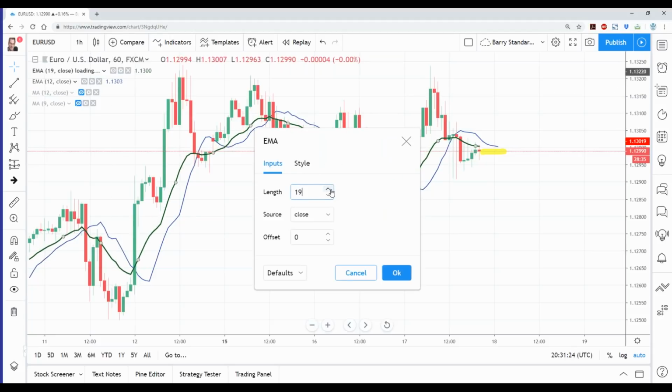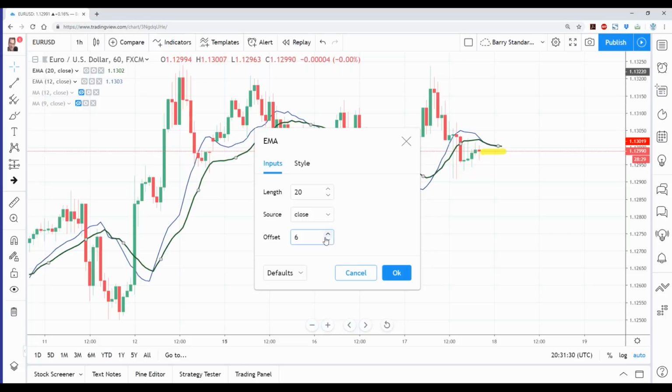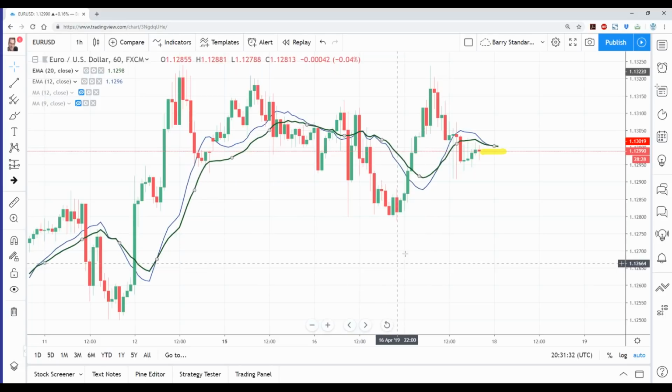Let's take 20. 20 is a very popular EMA. We're going to shift it also forward 5. Okay, now we get an indicator that is now predicting the future.